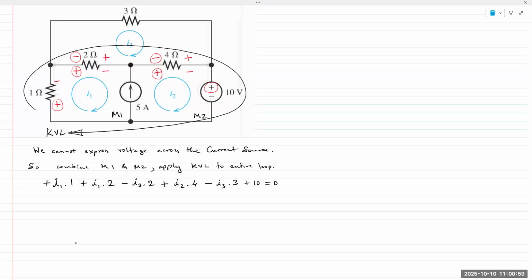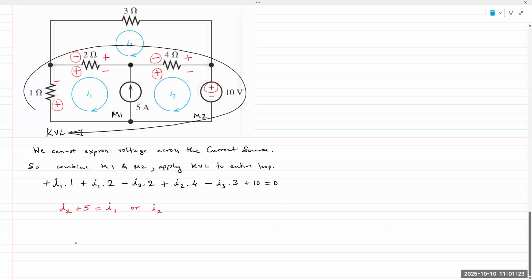We can write, because 5 amps is shared between I1 and I2, I can write I2 plus 5 equals I1, or we can express it as a difference because I2 is in the same direction as 5 amps.